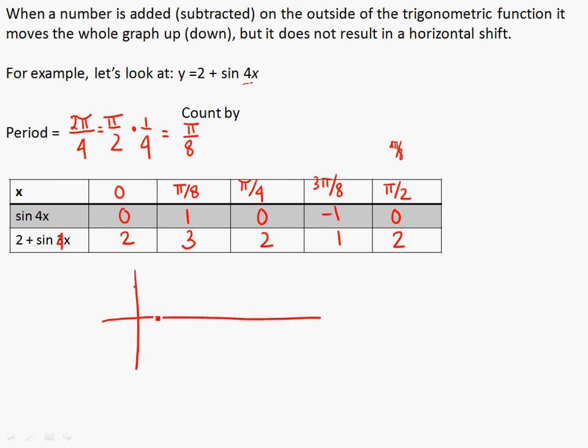So 0, pi over 8, pi over 4, 3 pi over 8, pi over 2. It actually starts at 2, and it goes up to 3. So at 0 you're at 2, 3, 2, 1, and 0.